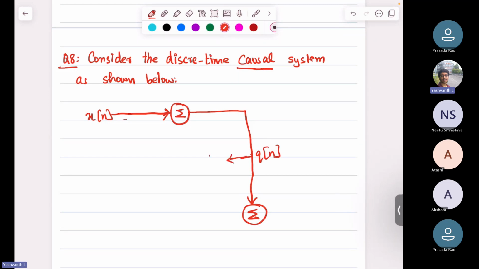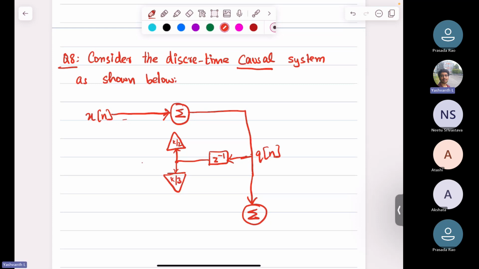I take it and give it to a delay unit. And then I bifurcate this into 2 multipliers. The value of this multiplier is k by 2, and this multiplier is k by 3.